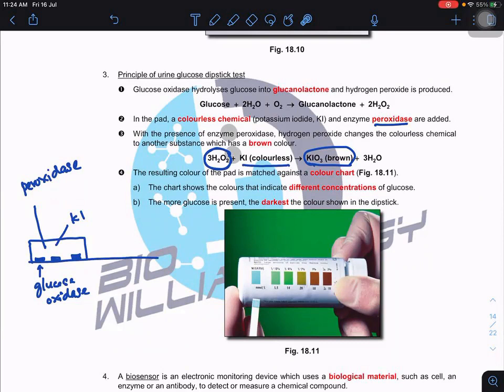So it's something like a semi-quantitative Benedict test, where we get a range of the glucose in our urine. The darker the color, the higher the concentration.